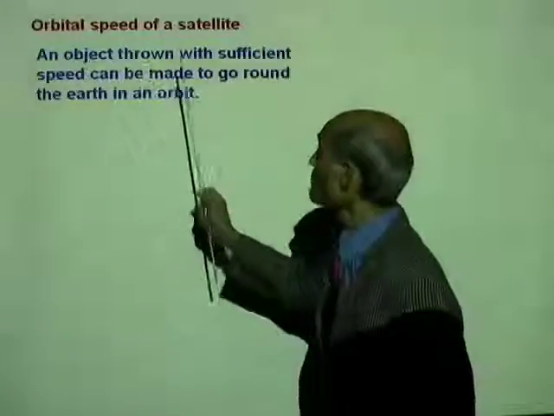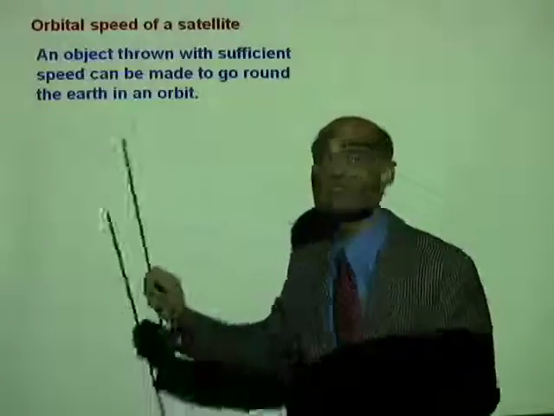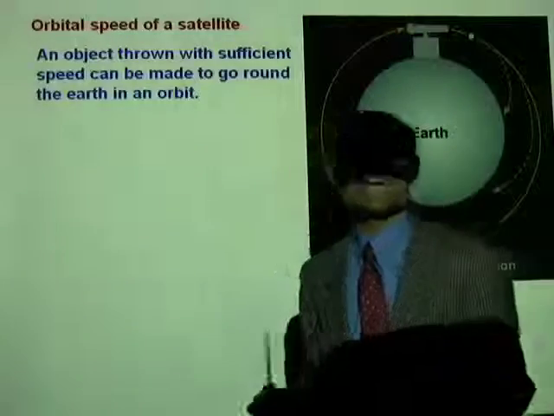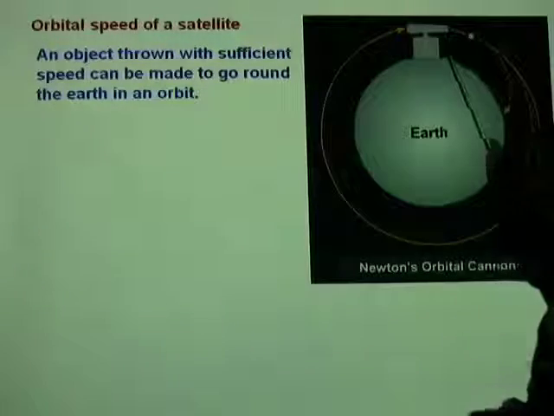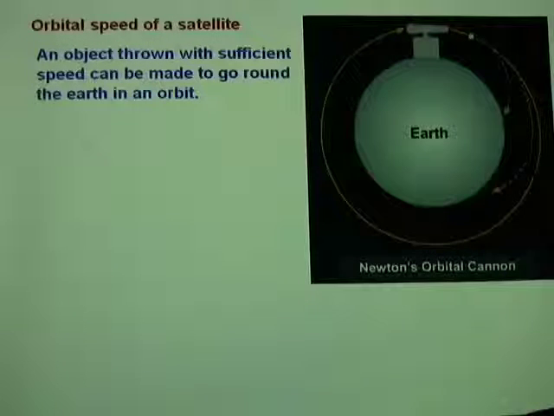Okay, an object thrown with sufficient speed can be made to go around the Earth in an orbit. You can see here, if this cannon is fired with a low velocity, the ball will come back.